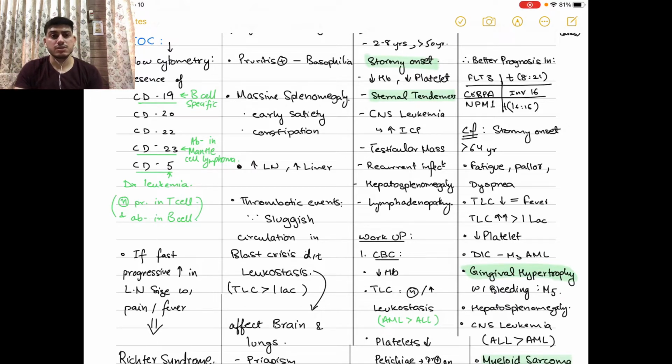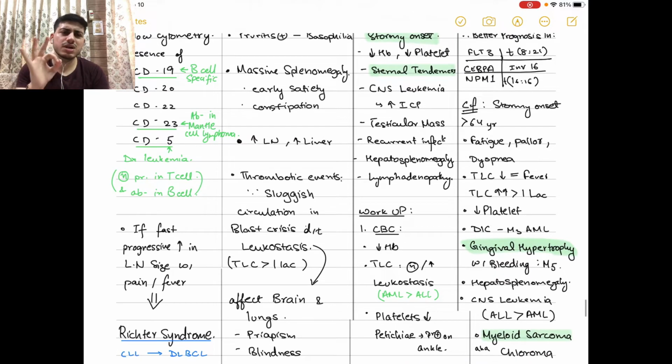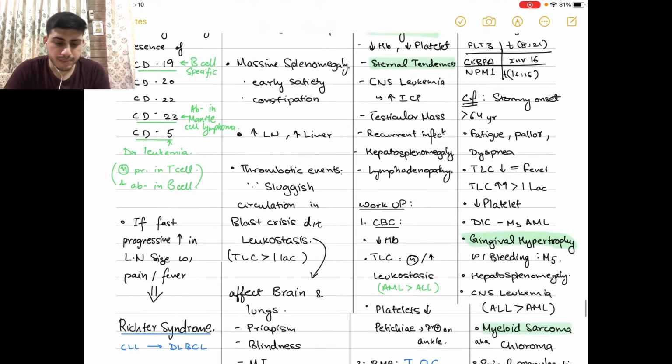If CD23 is positive, it's CLL, and if CD23 is absent, it's mantle cell lymphoma. So three markers are important here: CD19 because it's B cell specific, CD5 because it tells us that the cell is cancerous, and CD23 to differentiate it from mantle cell lymphoma.